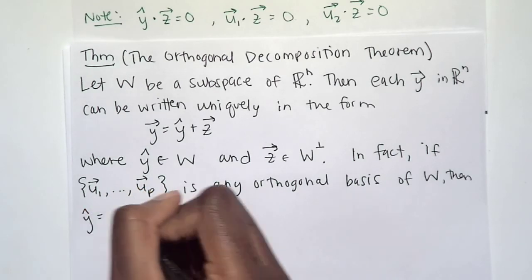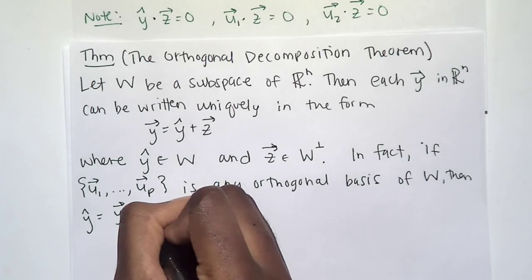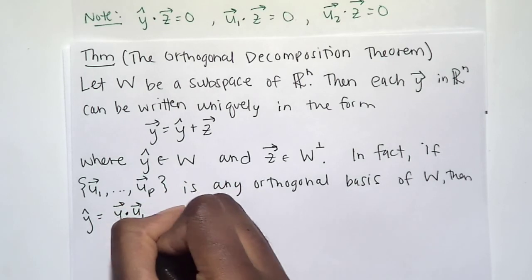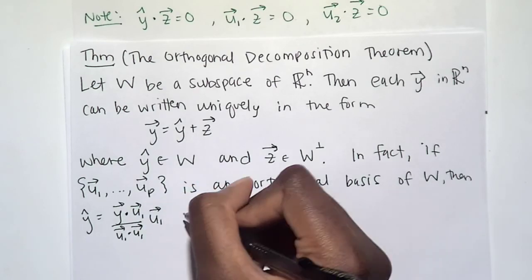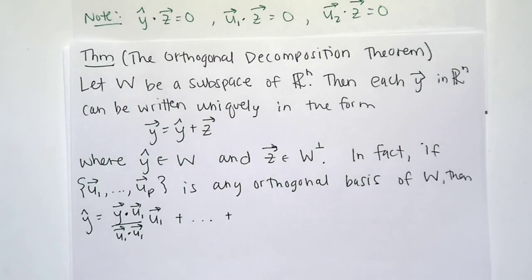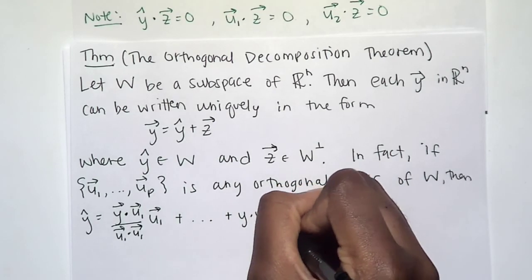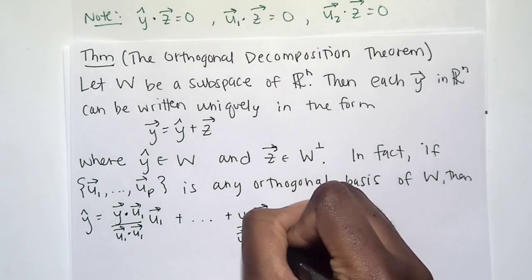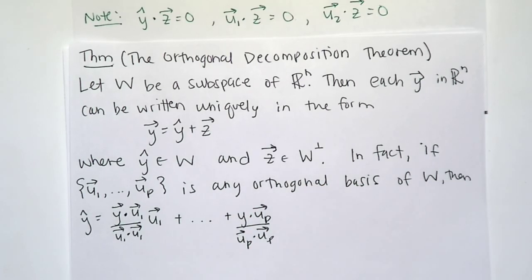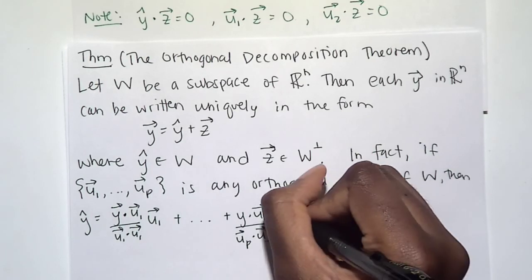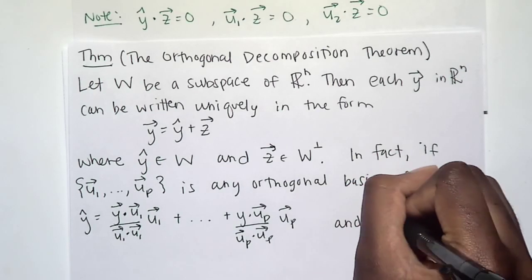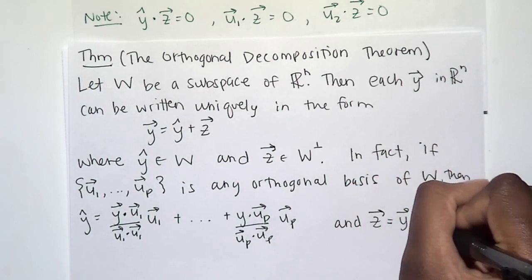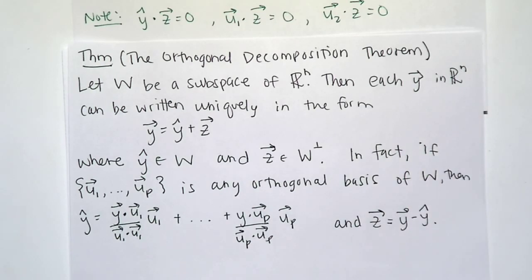Y hat is Y dot U1 over U1 dot product with itself, times U1, plus, all the way to, Y dot UP over UP dot product with itself, times UP. The sum of all of those individual projections. And Z is going to be Y minus Y hat. All right, so that's everything we did, and that is the orthogonal decomposition theorem.